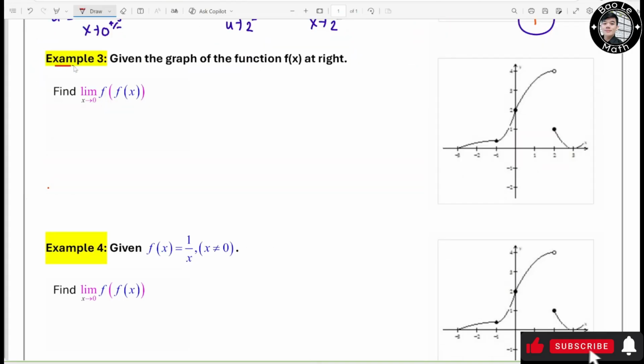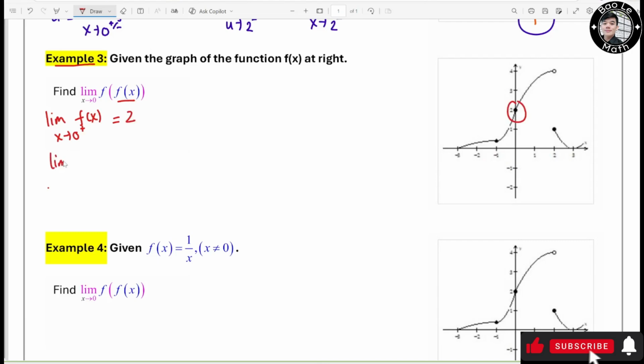Now let's move on to example number 3. We need to find the limit of the function f of f of s when s approaches 0, right? Now we need to find the limit of the function f of s, which is the inner function, first, when s approaches 0 plus, it's going to be 2 right here, right?